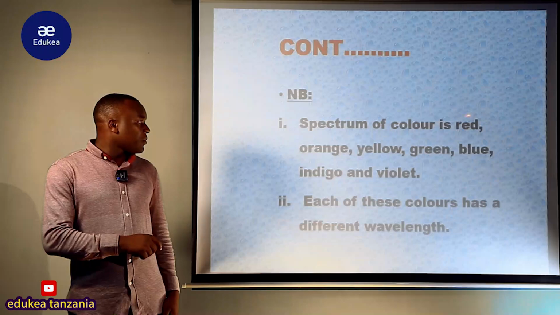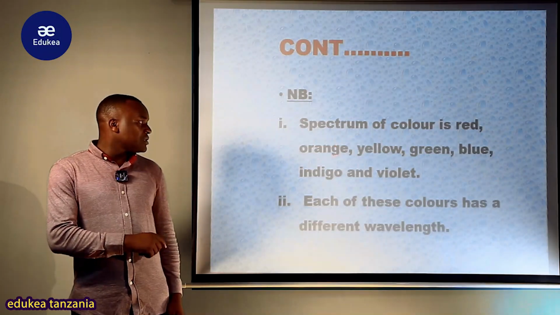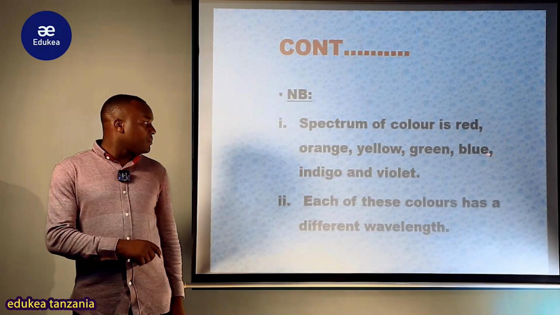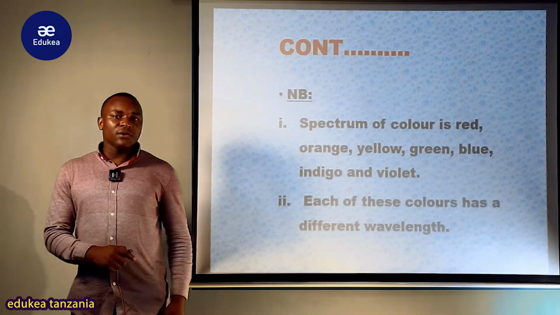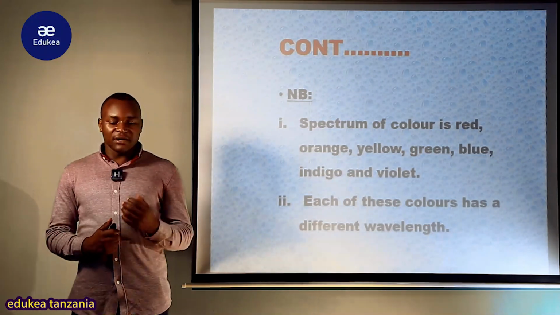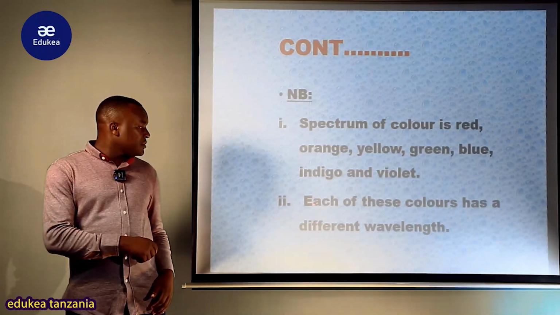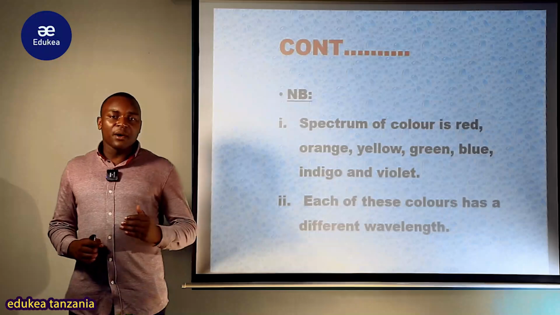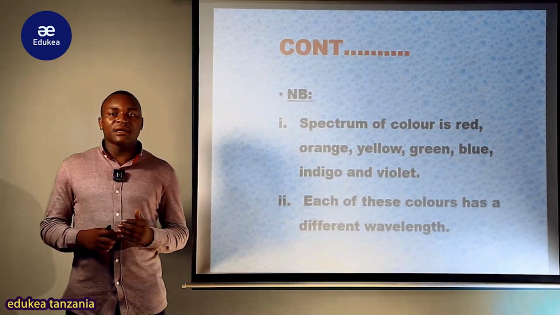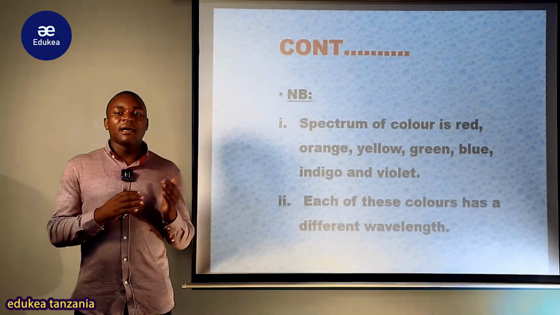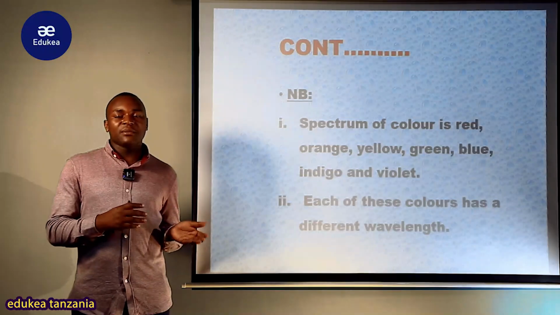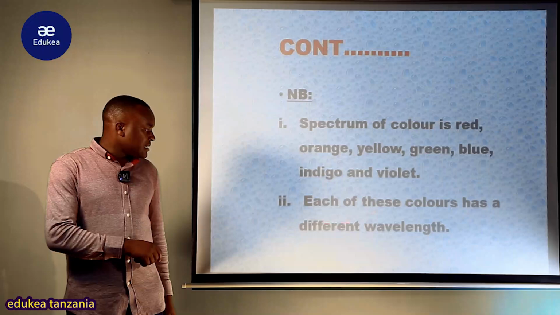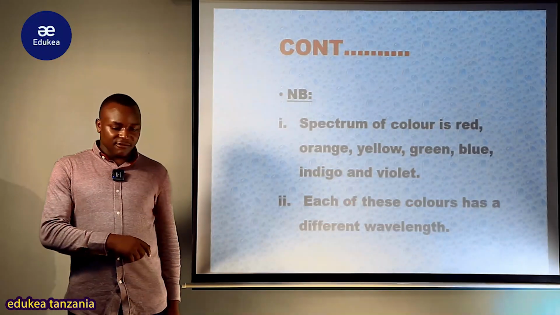Na zipo rangi saba, ya kwanza red, ya pili orange, ya tatu yellow, ya nne green, ya tano blue, ya sita indigo na mwisho ya saba ni violet. So we say each of these colors has different wavelengths, kwamba hizi rangi zote zinatofautiana wavelengths zake, kwamba kila rangi moja hapo ina wavelength ya kwake. So that is about the colors formed.